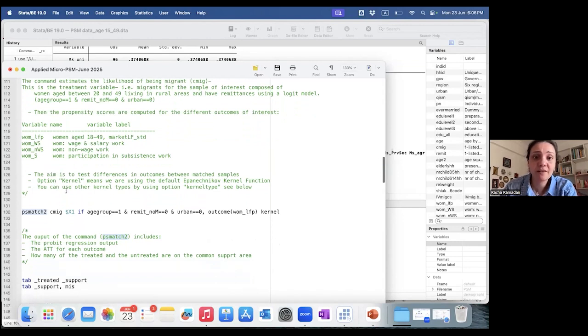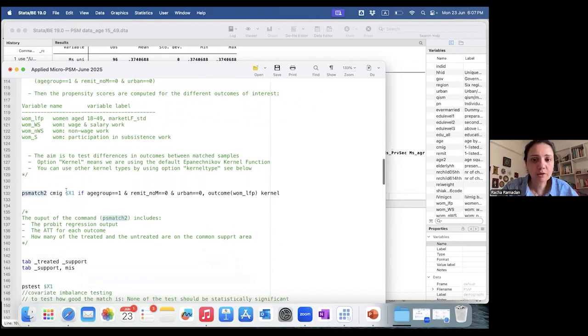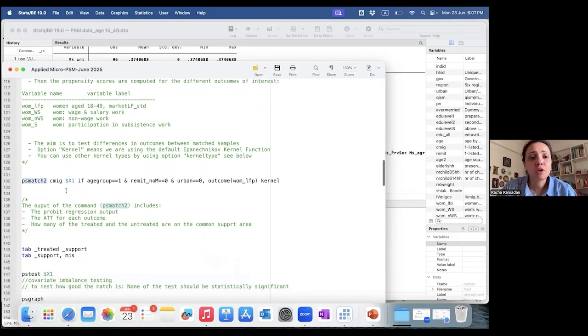The aim is to test the difference in female labor force participation between those households who have a migrant and receive remittance, and those who have no migrant. All right.